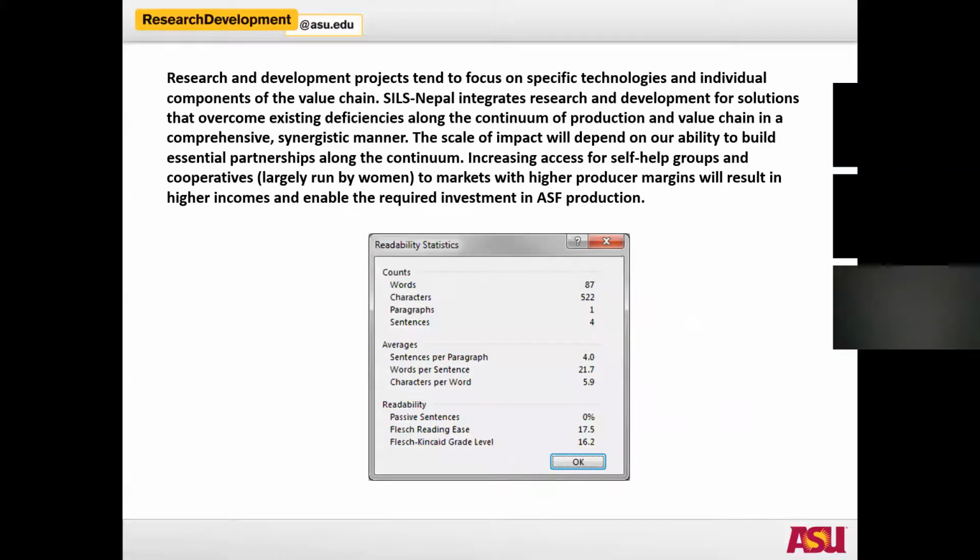So this is what it looks like. This is this paragraph, and this is what it looks like. It gives you the grade level, 16th grade, which might not be bad for your audience. It tells you the word percents, all of these different things. So go ahead and read this sentence.